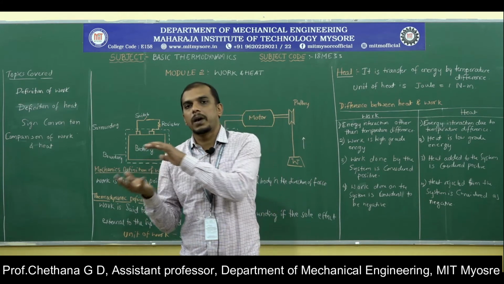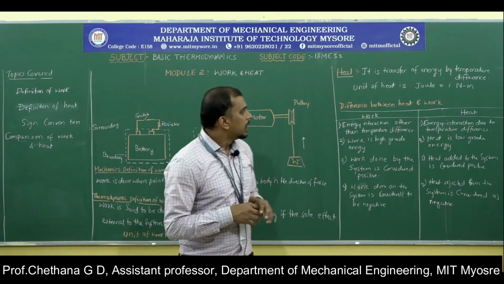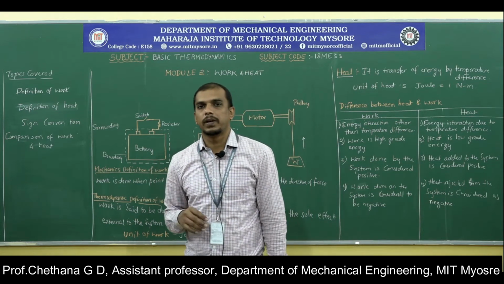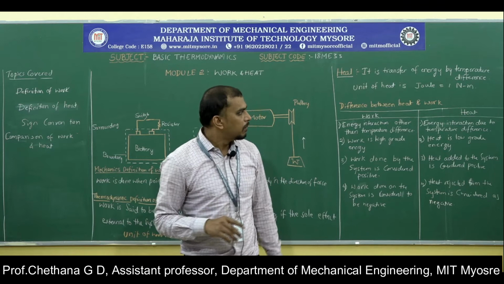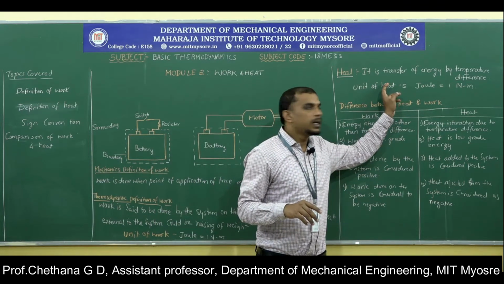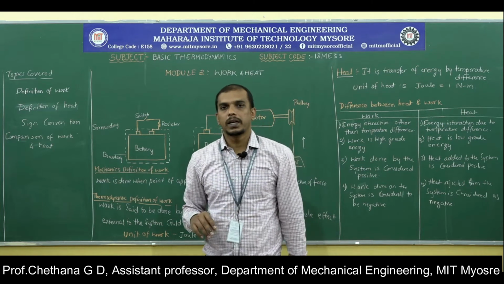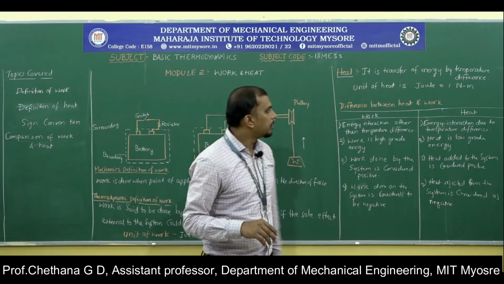Heat transfers from higher temperature body to the lower temperature body. The unit of heat is joule. Of course, the earlier unit of heat was calorie, then we had to have a unit of conversion, but there is no confusion. The unit of heat is joule, and once again that is also given by 1 Newton meter.